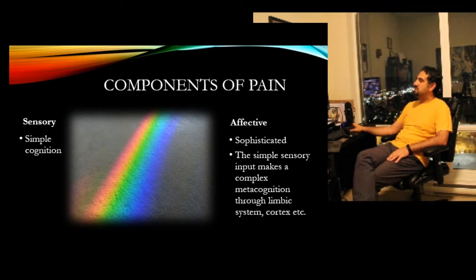One is the sensory component, and the other is the affective component. The sensory component is very simple, a simple cognition created by the stimuli. When the sensory component goes up to the limbic system, to the cortex of the brain, a very sophisticated metacognition is created. That is called the affective component of pain.